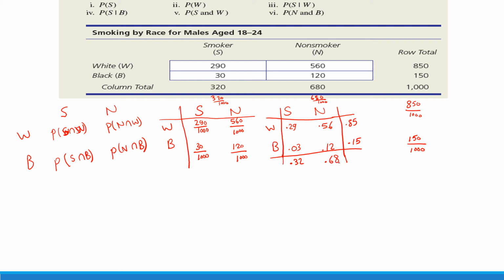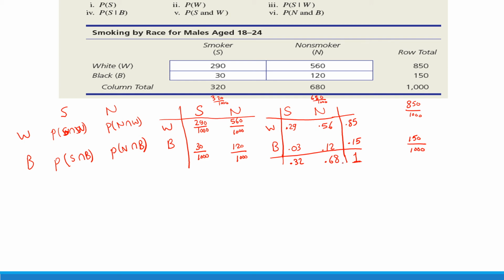If we add these two marginal probabilities, we'll find it equals 1. And also if we add the other two marginal probabilities, we'll find that it's equal to 1. So this is how we can calculate the joint probabilities and the marginal probabilities.